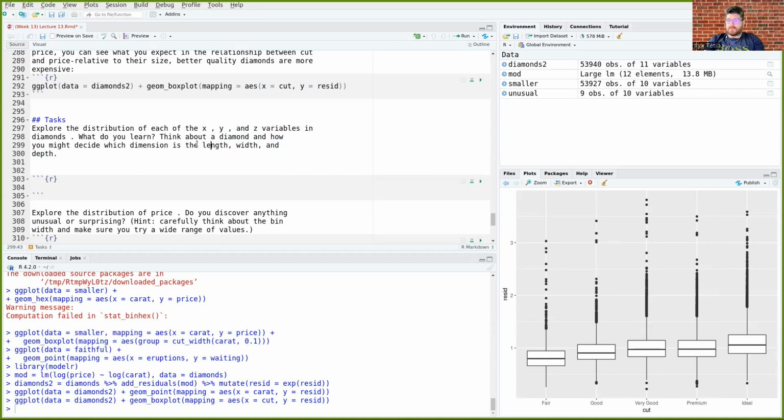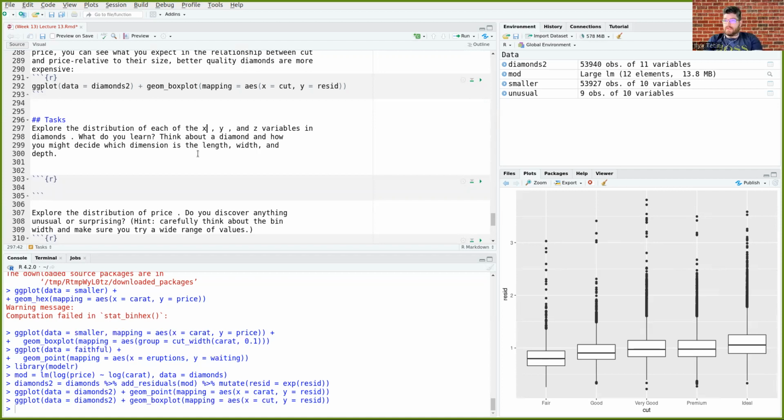So you have to produce the distributions, and just by comparing these three distributions, understand what is the most important. Maybe the length of the diamond is the biggest one, right? Maybe the depth of the diamond is the biggest one.